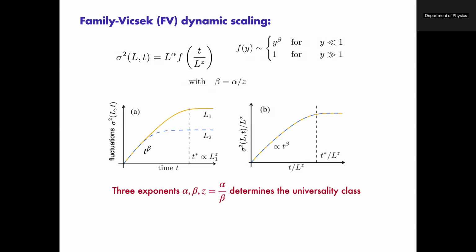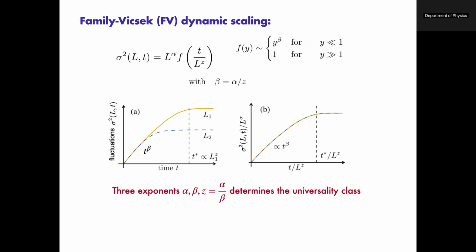So alpha, which is 1 in some sense. After this, they start to saturate, and there is a saturation time scale that depends on z. So there is an alpha coming from here, beta coming from here, and z coming from here. If you scale your y-axis by L raised to alpha, it collapses the saturation values, and if you scale your x-axis by L raised to z, it will collapse the saturation time, and as a result you get a perfect collapse.